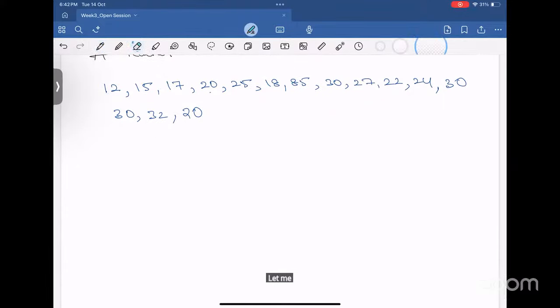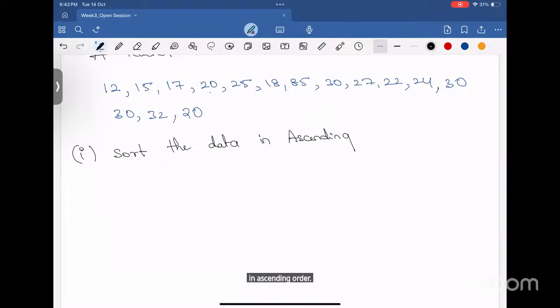Now let me put out the questions, each sub question. First question is sort the data in ascending order. Okay, so firstly sort this data.